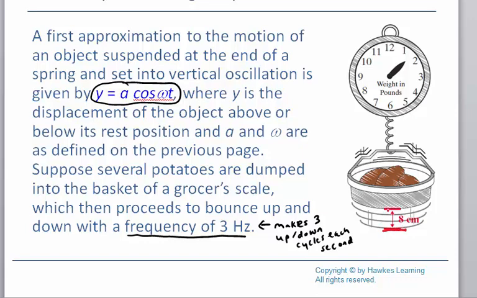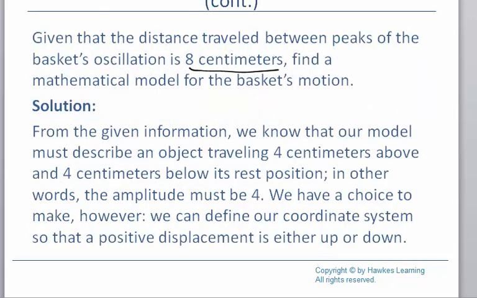And when it bounces up a distance of 8 centimeters, it's going to go back and forth between this low point and this high point. It's going to do that 3 complete times per second because that's the frequency that we're given. And we want to find a mathematical model for the basket's motion.